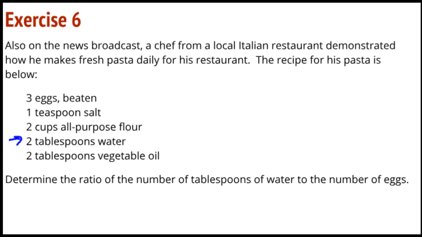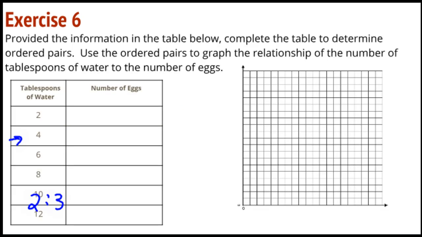Tablespoons of water is 2, and the number of eggs is 3. So I have a ratio of 2 to 3. And then I need to come up with some ordered pairs, so use the ratio, make some ordered pairs.